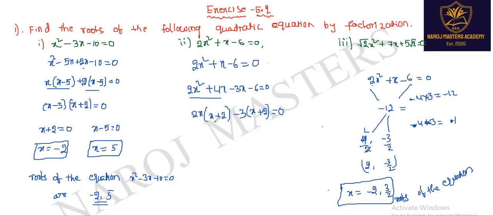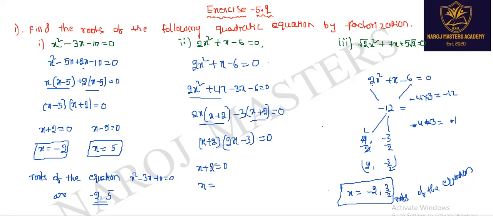Now x plus 2 is in both the terms. So x plus 2 I am taking common. The remaining term here is 2x minus 3 equal to 0. Now equate this equal to 0 and this term equal to 0. Okay. So x plus 2 equal to 0.